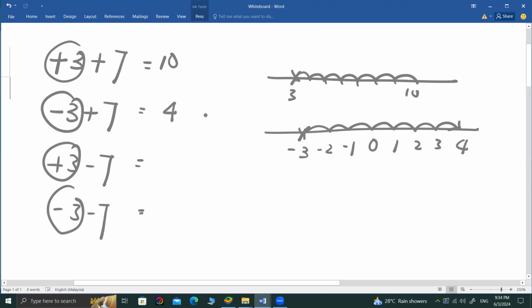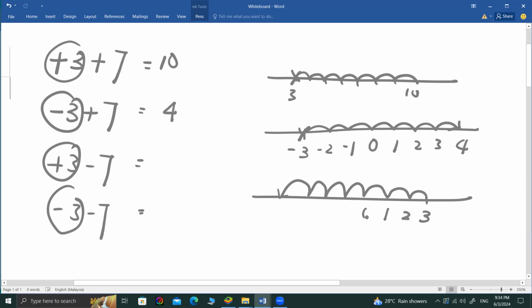You are at +4. Okay, let's say you are at 3. I ask you to move left 7. 1, 2, 3, 4, 5, 6, 7. 3, 2, 1, 0, -1, -2, -3, -4.